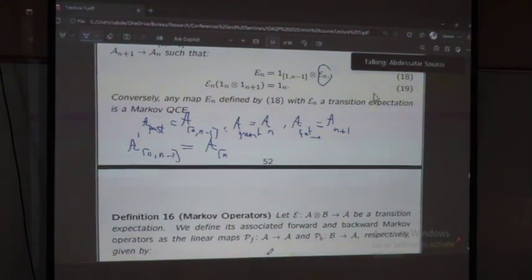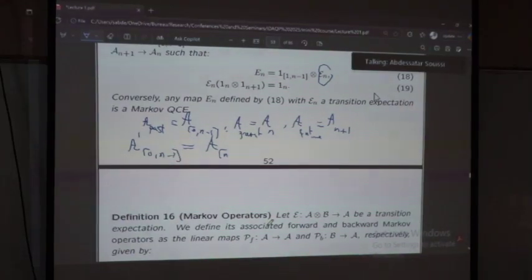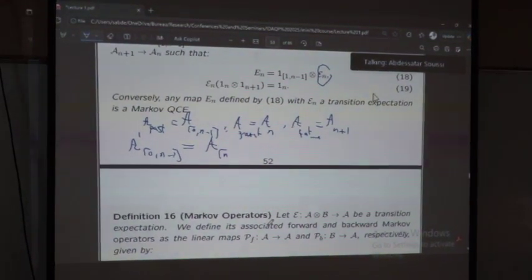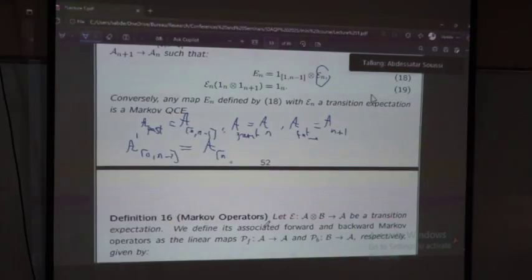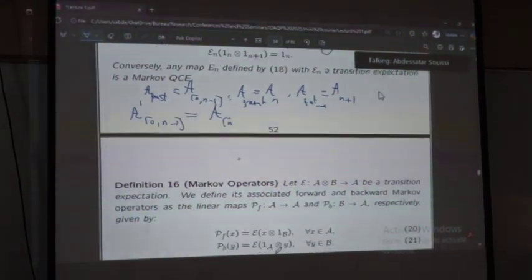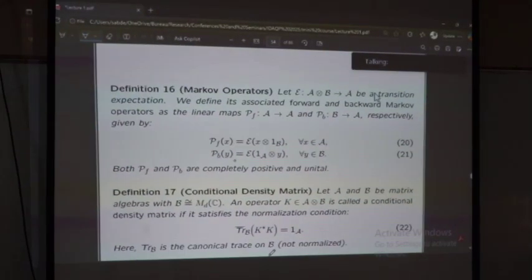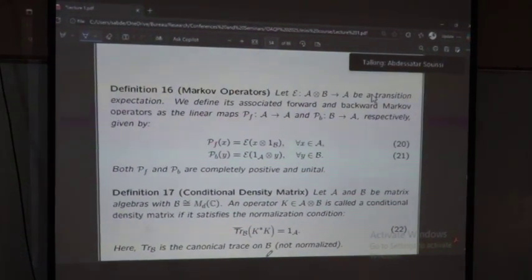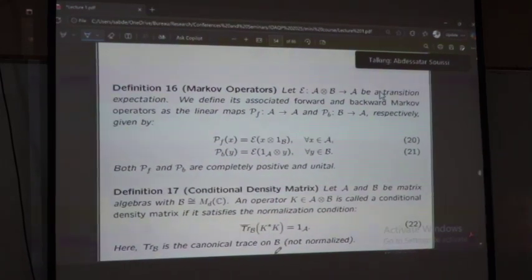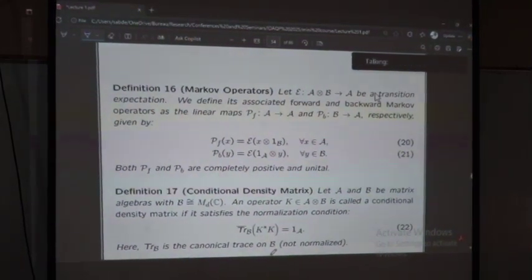Now, instead of using the sequence of quasi-transition expectations, we have to use the sequence of transition expectations, since we have equivalent representation in the case of Fn that's a product of full matrix algebras. Now, using this transition expectation, we can define two macro operators, the backward one and the forward one.